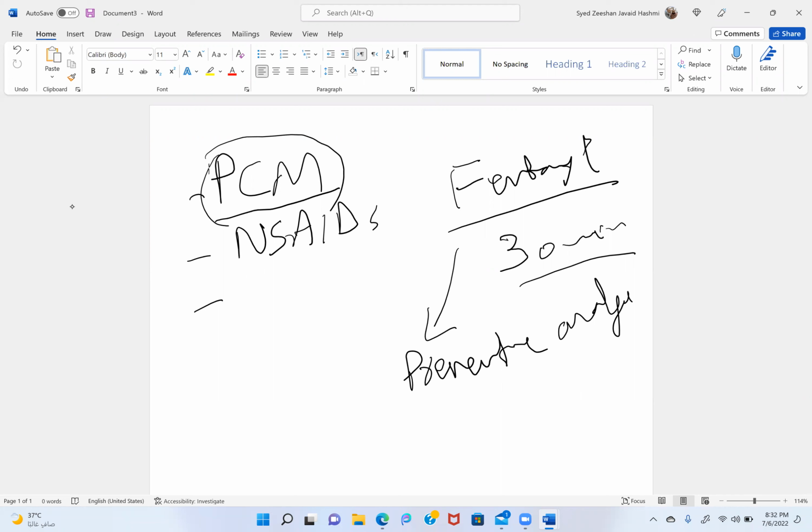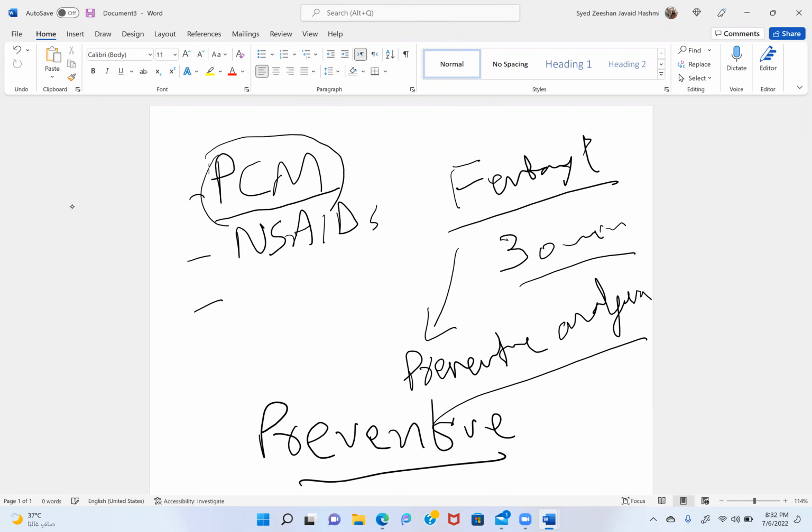What is preventive analgesia? Sir, preventive or preemptive? Preventive. I'm sorry for my writing. I'm not very good at writing with the stylus. Preventive and preemptive. Preventive will be before the incision, no?